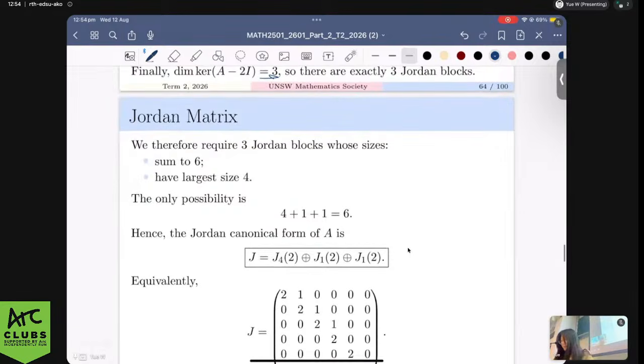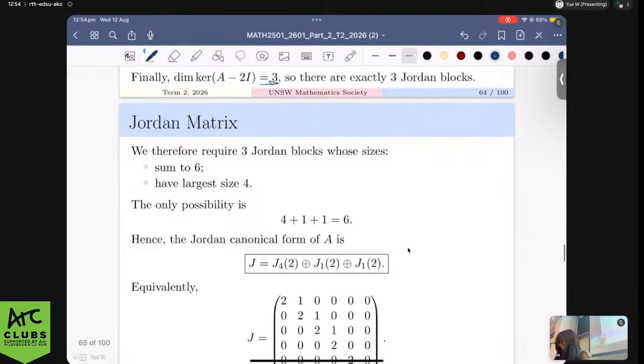So because we require 3 Jordan blocks, what we can say is that we require the sum to be 6 and the largest size to be equal to 4, right? If you think about it, the only possibility is 4 plus 1 plus 1 is equal to 6.